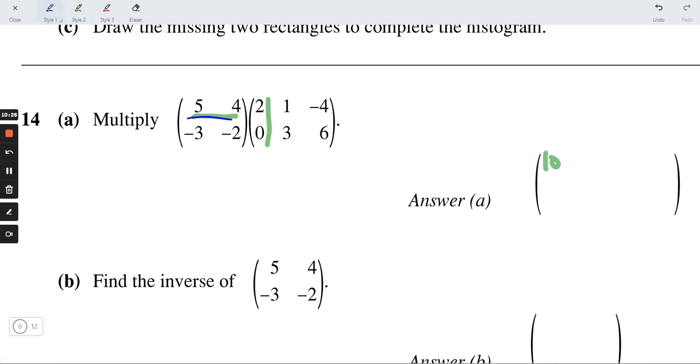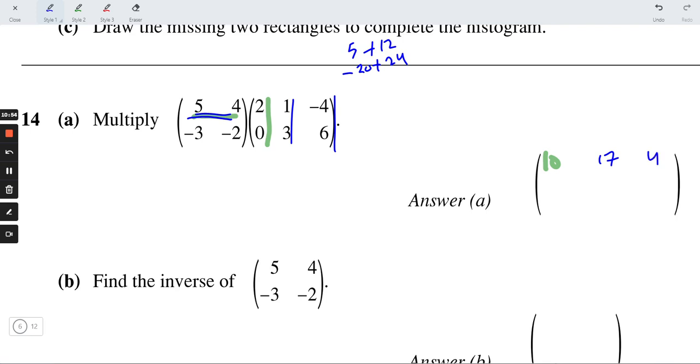Again, 5 and 4, you should multiply by 1 and 3. 5 times 1 is 5. Plus 4 times 3 is 12. 5 plus 12 is 17. So here we'll write 17. Now 5 and 4, multiply it with minus 4 and 6. 5 times minus 4 is minus 20, plus 24, you will get 4.